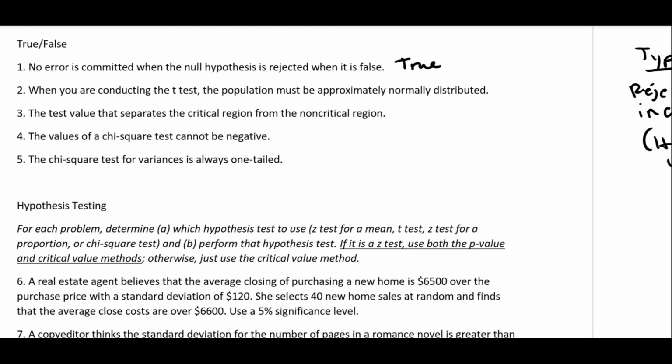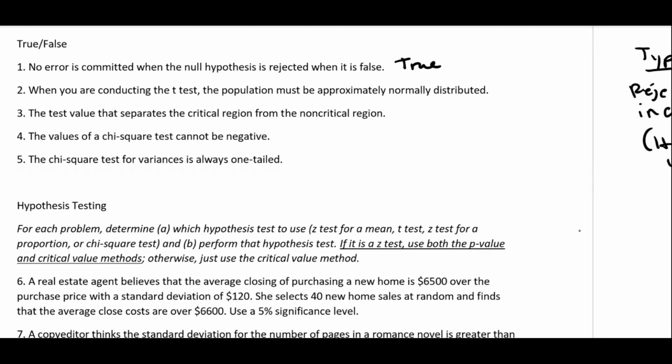When you're conducting the t-test, the population must be approximately normally distributed. Again, you have to know what conditions must hold for you to choose a certain type of test. This question could be asked for the t-test, the chi-square test, or I could ask you if I can use the z-test for proportion, for example. In this case, we're talking about the t-test.